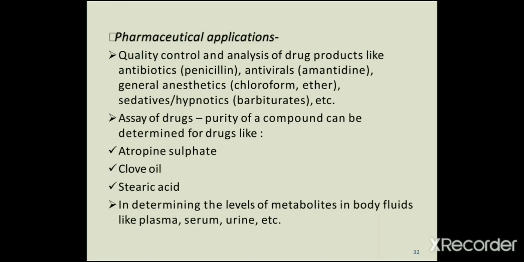We can use gas chromatography in pharmaceutical applications, such as quality control and analysis of drug products like antibiotics, antivirals, general anesthetics, etc. It can be used for the assay of drugs, that means we can check the purity of compounds. The components include atropine sulfate, clove oil, stearic acid, etc.